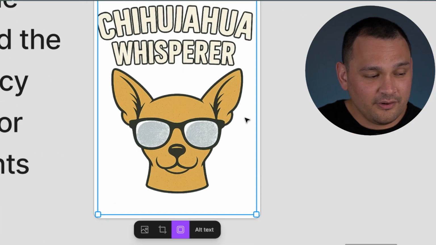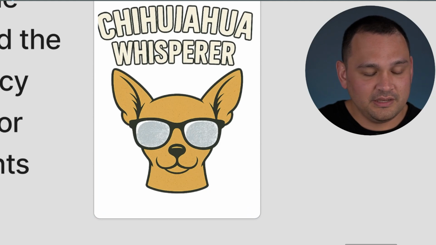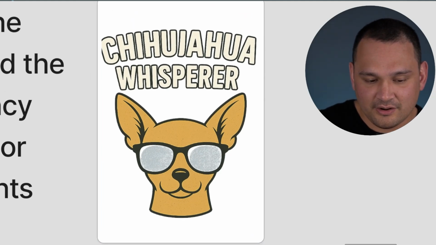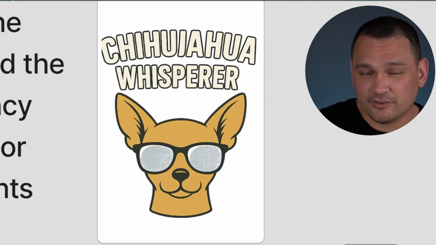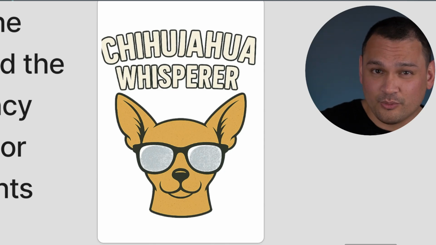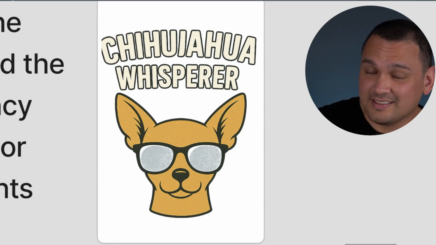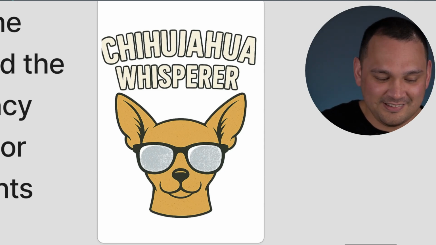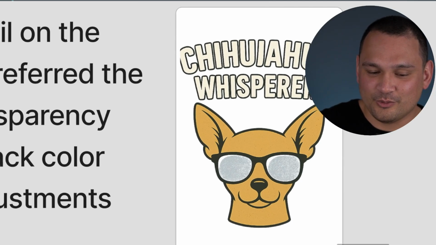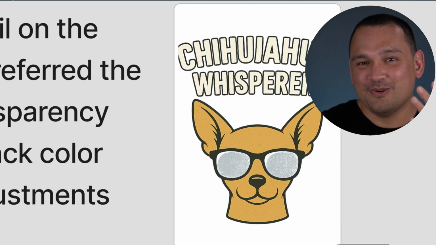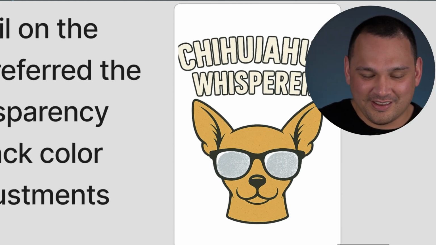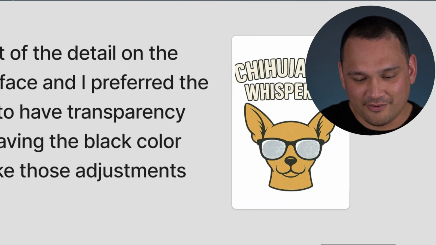So it appears that ChatGPT does not yet understand what we mean when we ask for something to be masked out or to change elements to be transparent. Or at least that's how it worked in this test. And I did it several times behind the scenes and I still could not get it to work. So maybe one of you has had more success than I have, but that's just what I found in my experience here. Okay, well, I hope that you found that helpful.